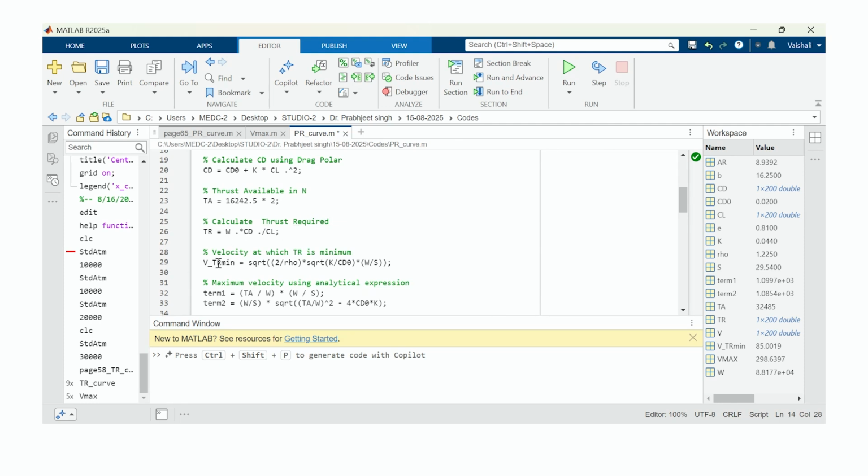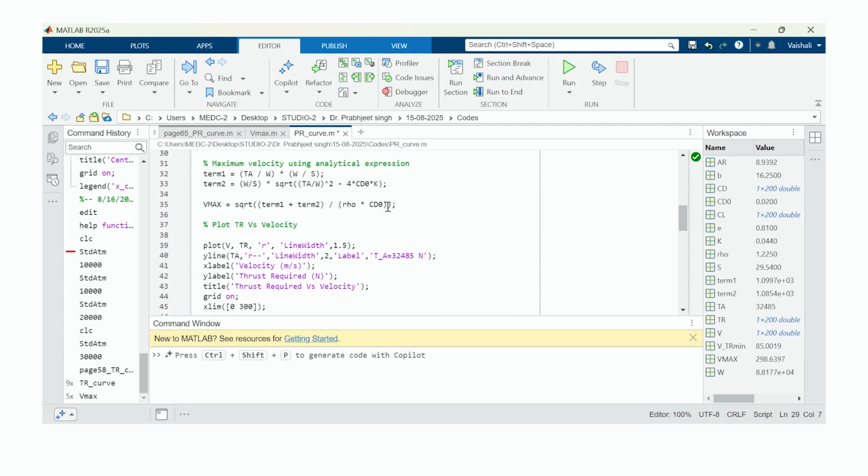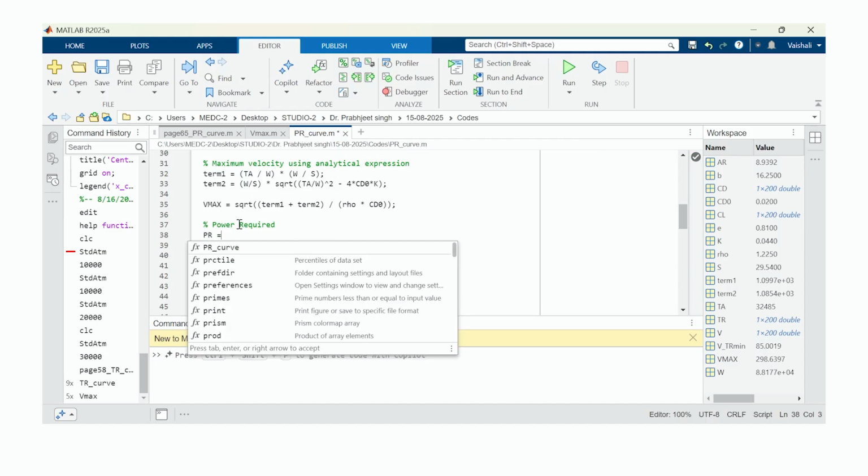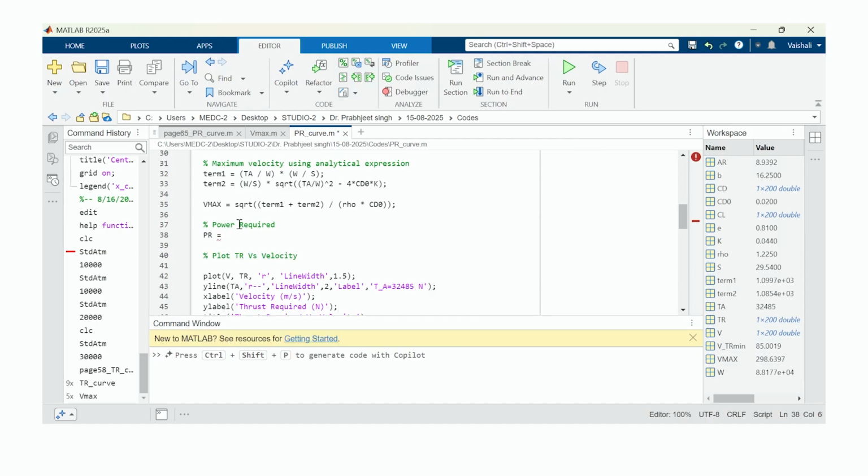Alright, this is the velocity at which thrust required is minimum. Okay, now let us write here power required. I am denoting it as PR equals to thrust required into velocity.